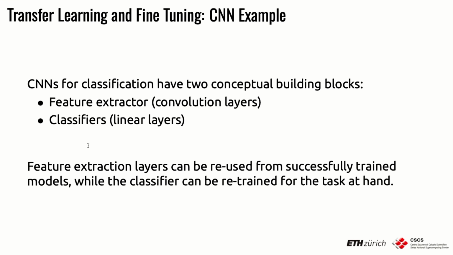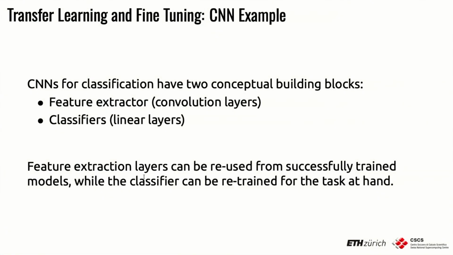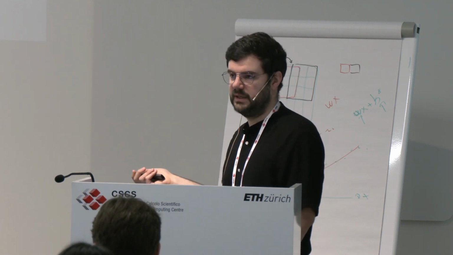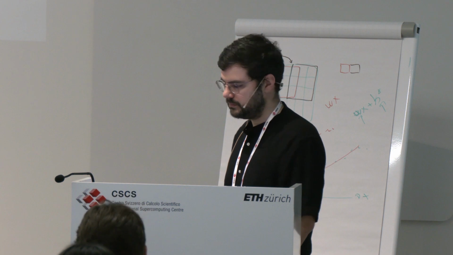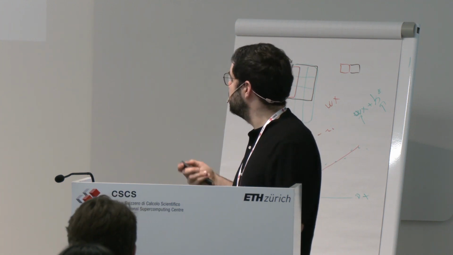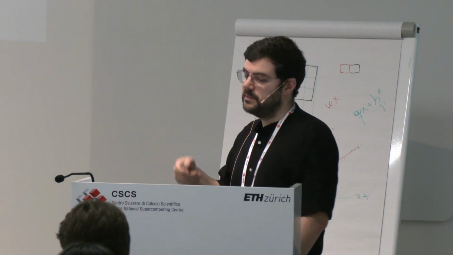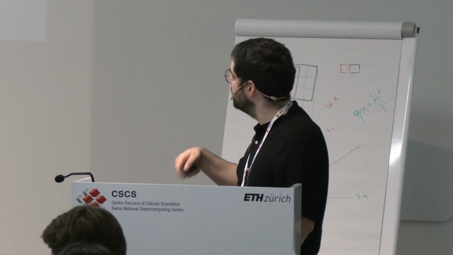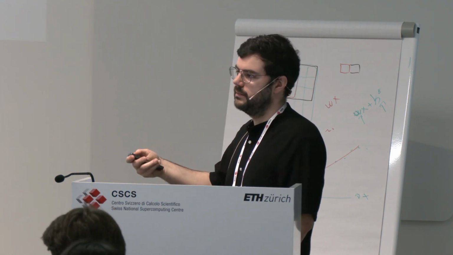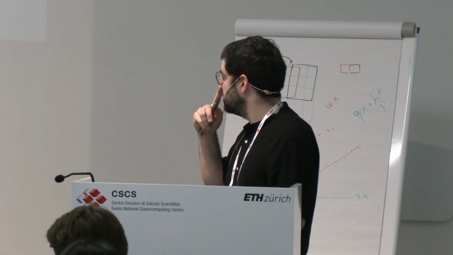And so what people realized is that the feature extraction layers in very big models that have been trained on very big data sets of images are actually quite useful, and they learn to extract very general features from images, and so you can potentially reuse those features for your task with images, for example, classification.